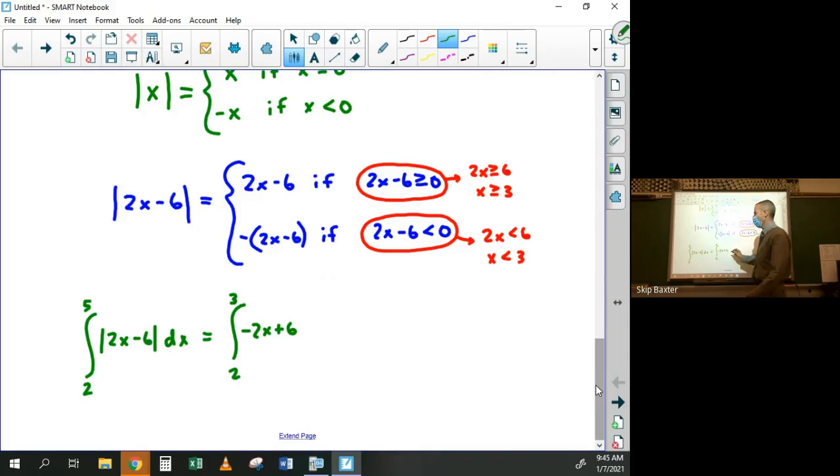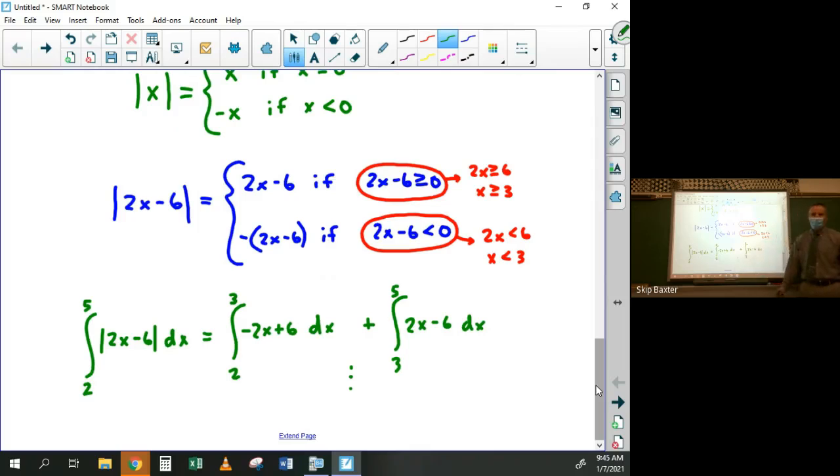That'll just make the integration a little easier. dx plus the integral from 3 to 5 of the top function, 2x minus 6 dx. And then, again, the evaluation part's pretty easy. The hard part's just rewriting it so that it's in the two different integrals. Any questions about that?